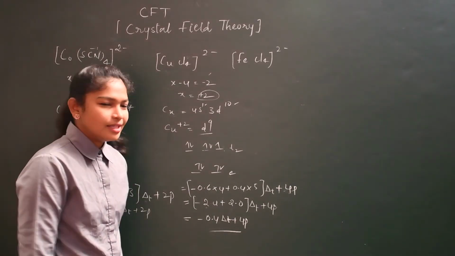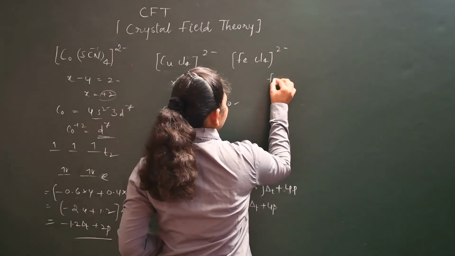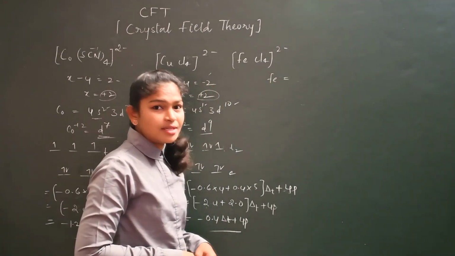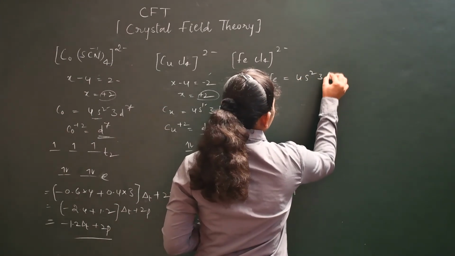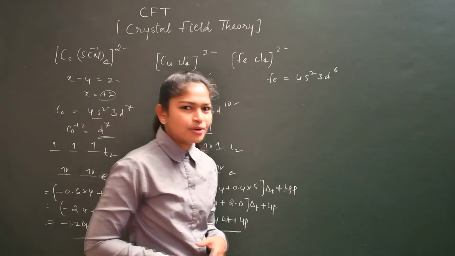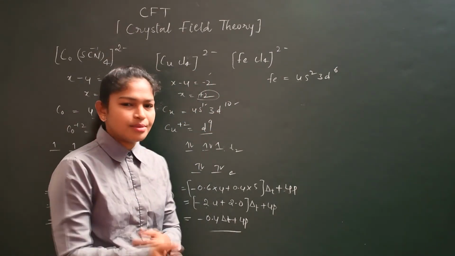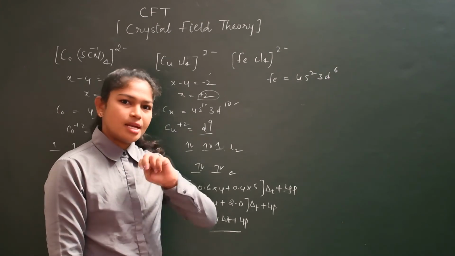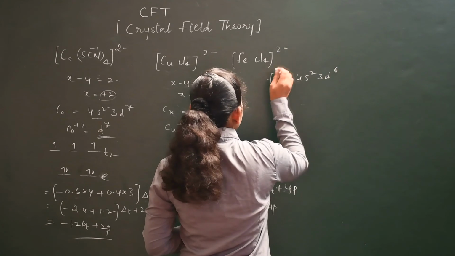Now is it right? So now you calculate for this. For Fe, the atomic number is 26. So what are the outermost electrons that we have? 4s2 3d6. Just remember it. 26 means in the d orbital you will have 6 electrons, then s2 will be common. So now what is the oxidation number here?